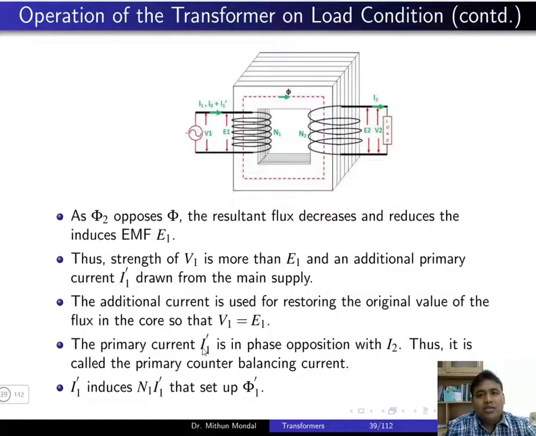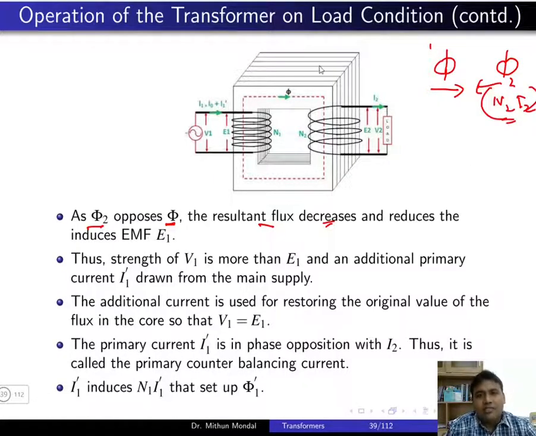Now, what is basically happening? As phi 2 is opposing the flux phi, the resultant flux decreases. So phi is in this direction, which is due to the no load current, and phi 2, which is produced due to N2 into I2, is opposing, and this will lead to the total flux decreasing.